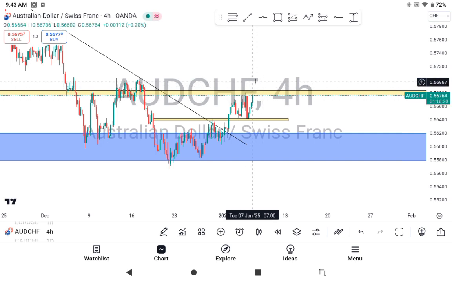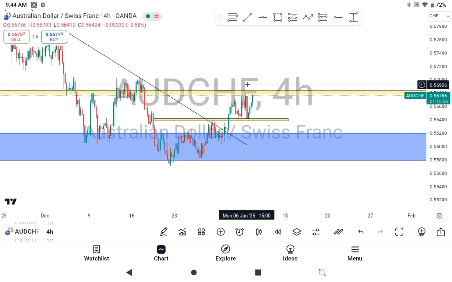This yellow bar is like an obstacle that is blocking and rejecting price from going higher, but eventually it will break through. Price cannot remain like this forever. It might take time, but it is still going to break out and close right here.